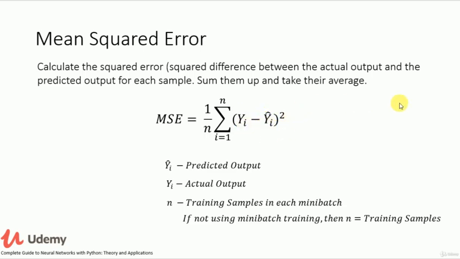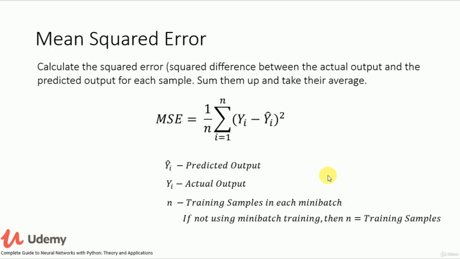You add them all together, and then you divide by n, which in this case is 5. That is the mean squared error. Very simple. Here y hat is the predicted output, y without the hat is the actual output, and n is the number of training samples in each batch.